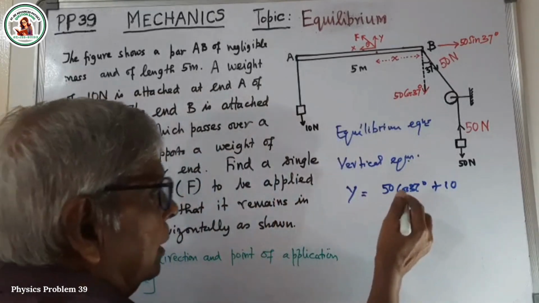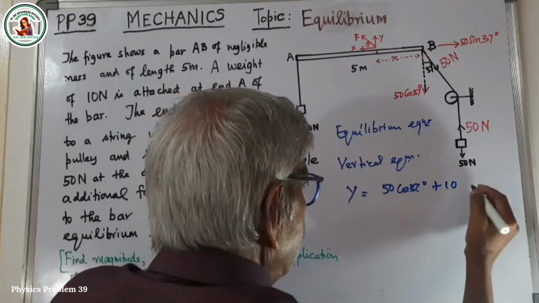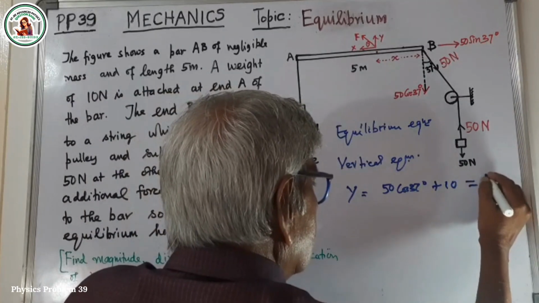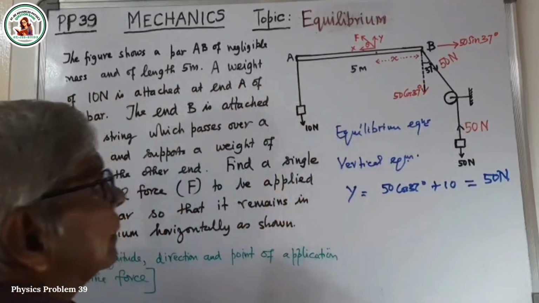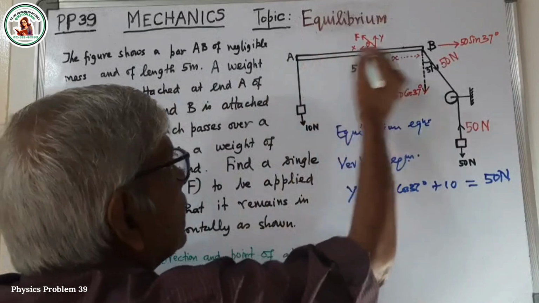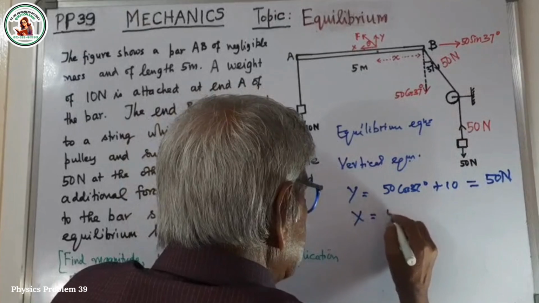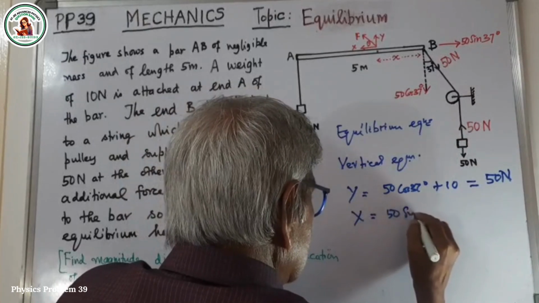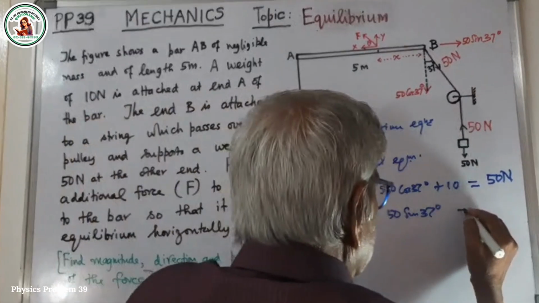Cos 37 degree is 4 by 5. So we get 40 plus 10, 50 newtons. Y component is 50 newtons. Then X, to balance this, is 50 sine 37 degree, sine 37 degree being 3 by 5. So you get 30 newtons.